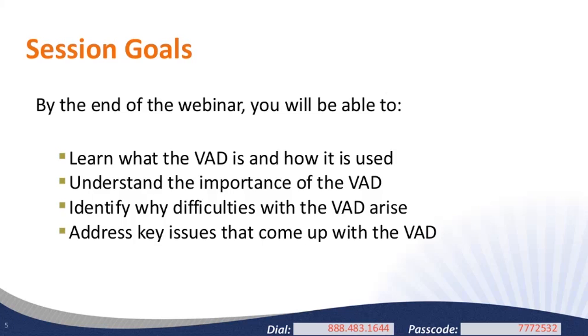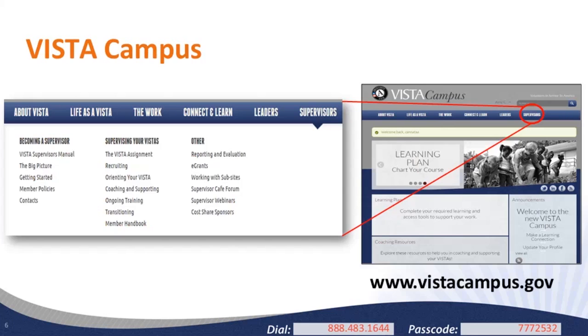I'm going to now turn it over to Amy in just a second, but we're going to first talk about the VISTA campus because it's one of our main tools. We are going to be referring to the VISTA campus quite a bit. The VISTA campus includes dedicated sections for members, leaders, and supervisors.